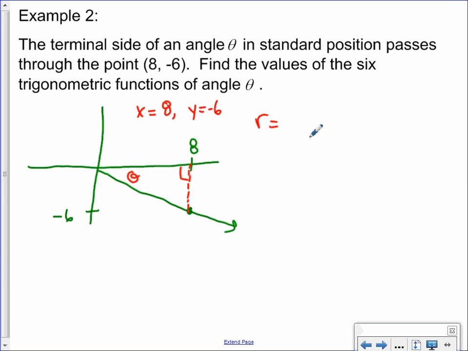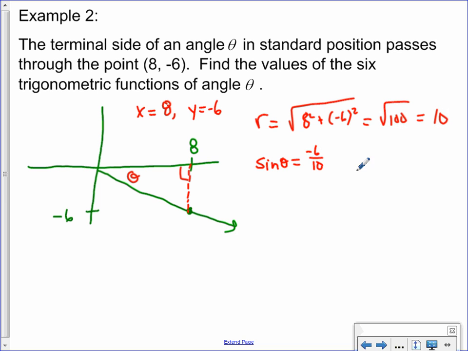All right. If you did it correctly, you did the square root of 8 squared plus negative 6 squared, which was the square root of 100, right? Which is 10. All right. Here we go. 6 trig functions. Eddie, talk to me. Sine is negative 6 over 10, which reduces down to?